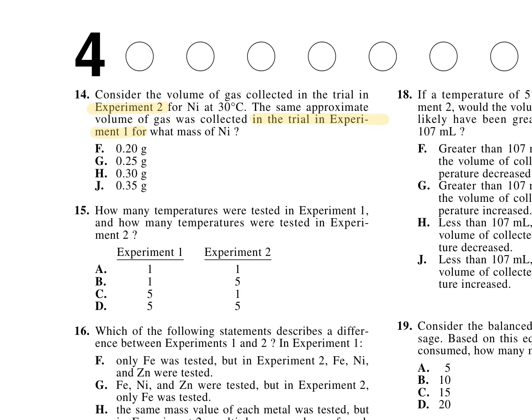I've got to look at both. Same thing in 15, experiment 1, experiment 2. It's a comparison. I got to look at both. Okay, 16. What's it say? Difference in experiments 1 and 2. Okay, again, you got to look at both.